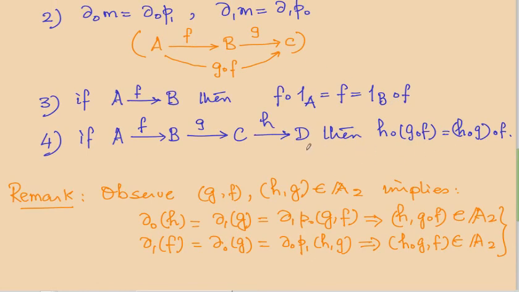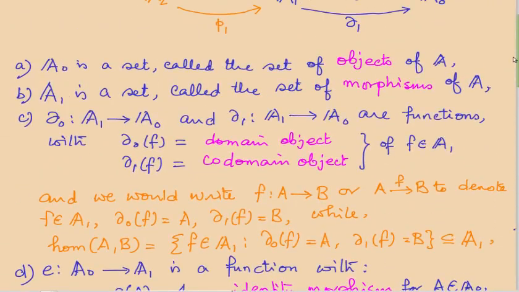So this one is often said to be the associativity of the composition, and this is about the identities. So this is exactly a category.